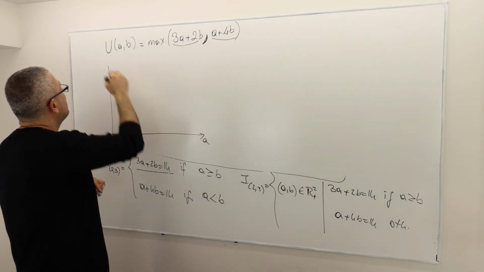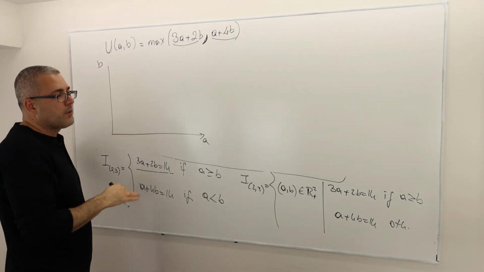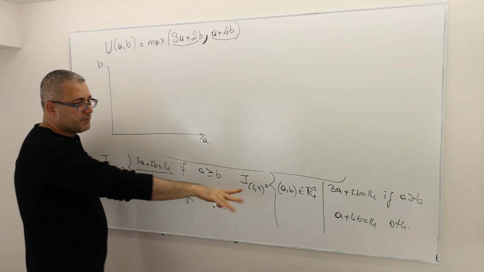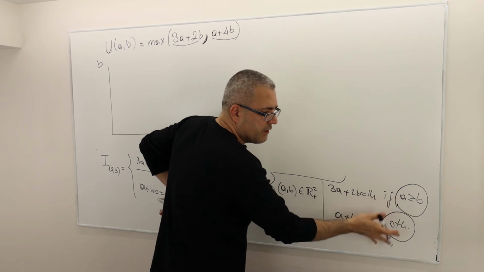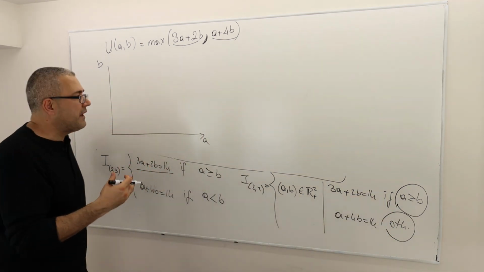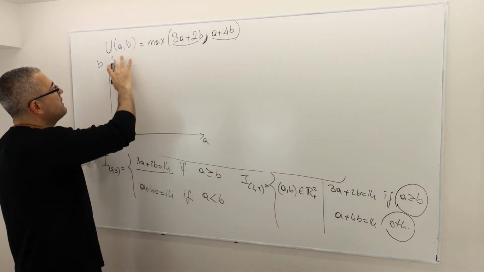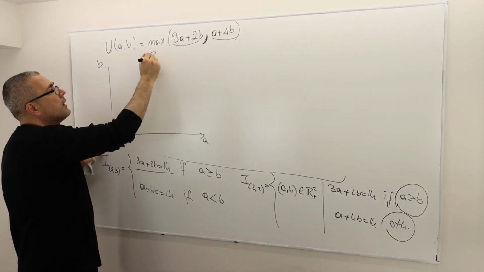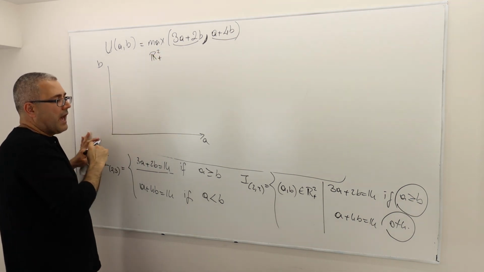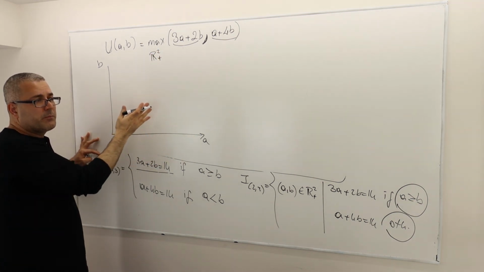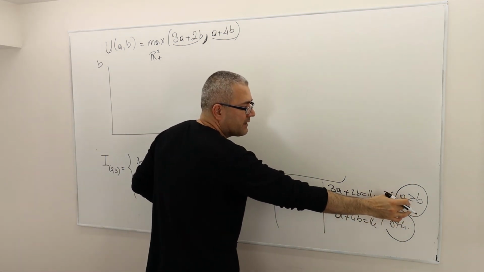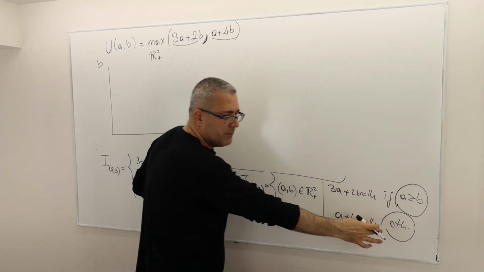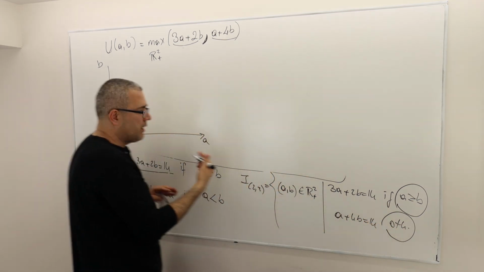So if this is A, and this is B, first off, remember this condition: A greater than or equal to B, otherwise. This condition is basically dividing my mother space. This is my mother space, R square plus, and I divide it into 2 pieces: A's and B's satisfying the first condition, and A's and B's satisfying the second condition.